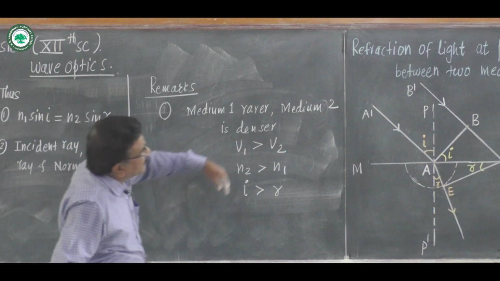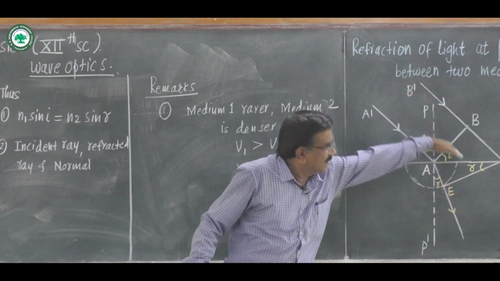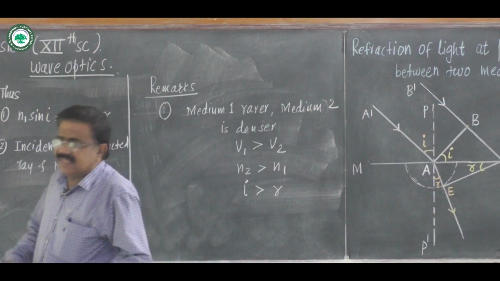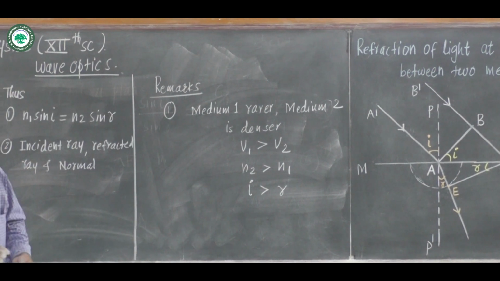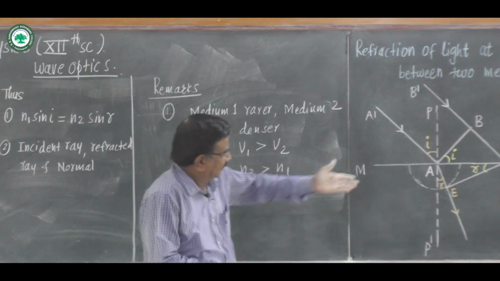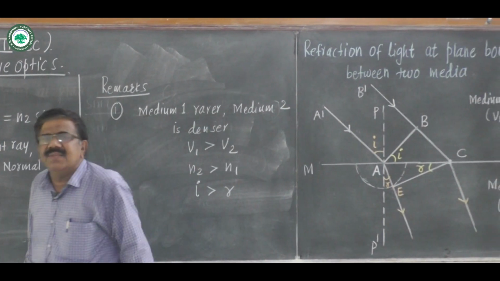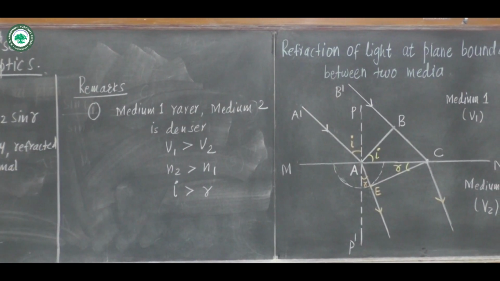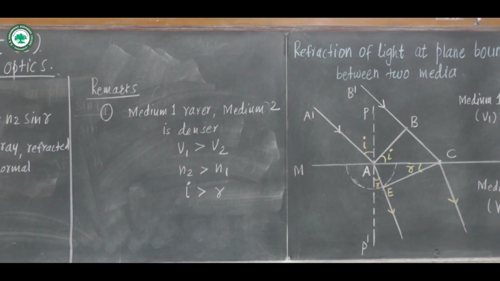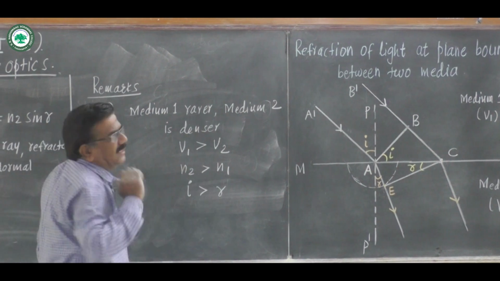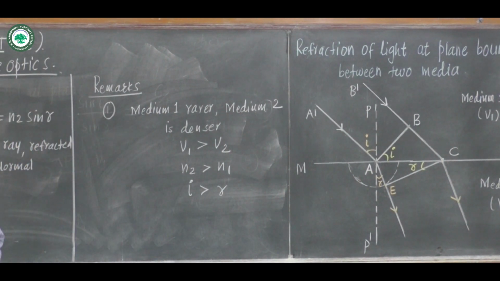For oblique incidence, if rays are incident obliquely, the image seems to be bent or broken below the boundary surface as the ray changes direction.